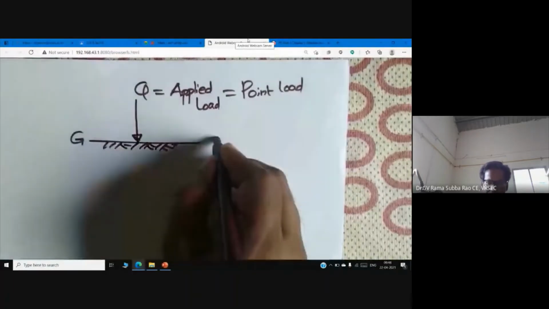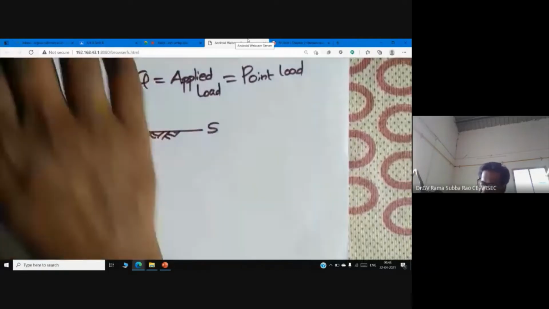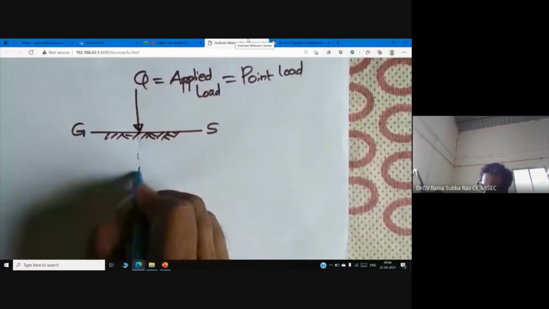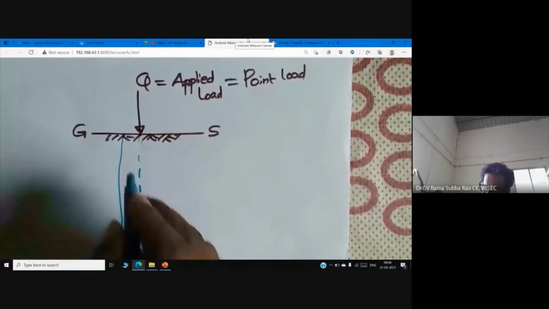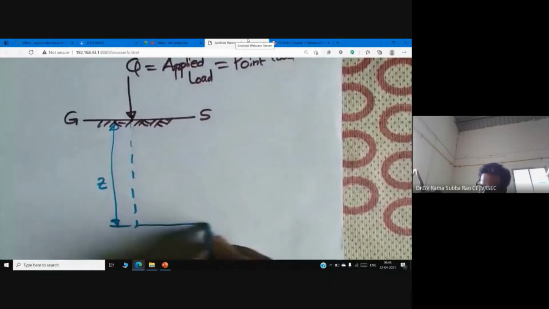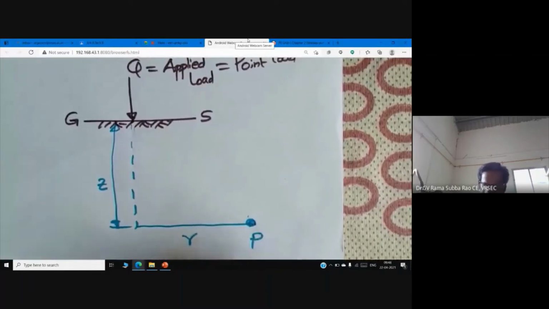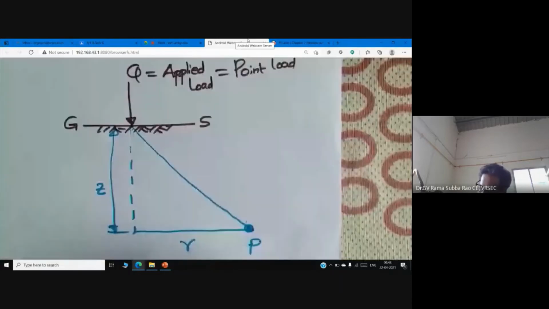Now I want to calculate the vertical stress at any vertical depth z at a distance r. I want to determine the stress at point P.